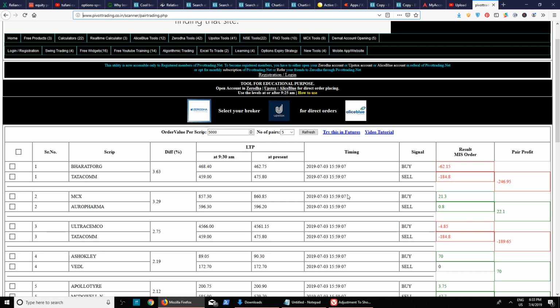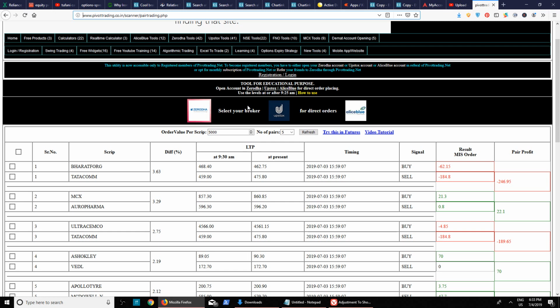I spoke about an evergreen strategy known as pair trading, and pair trading is when two stocks behave or trade in almost the same direction, and you take a trade based on that logic or parameter. It could be from the same sector, or from a different sector.